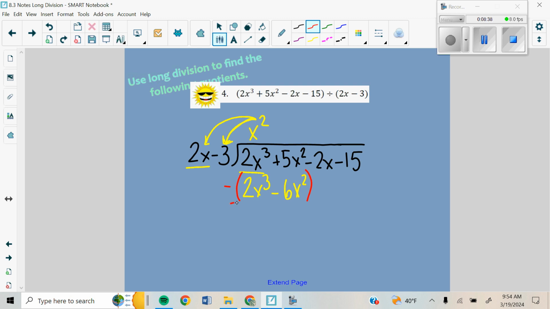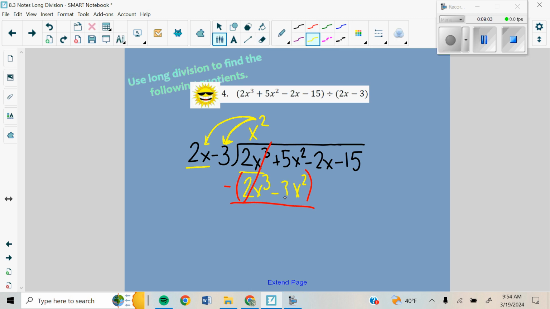All right, so when we do that, our first two terms cancel. That's always our goal. And then our next one, we have 5x squared minus negative 6x squared. So 5 minus a negative turns into, pump the brakes. I wrote something incorrect there. Hopefully you all wrote in pencil.